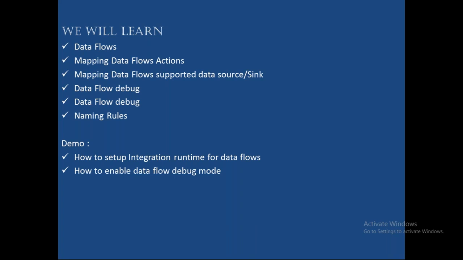Now I will give you one scenario. You try to analyze and tell me, friends. Let's say, as I mentioned, if I enable data flow debug mode, it will take 5 to 6 minutes. Now I enable data flow debug mode, and I submit, and execute my data flow activity.